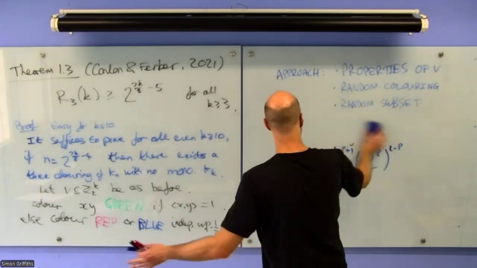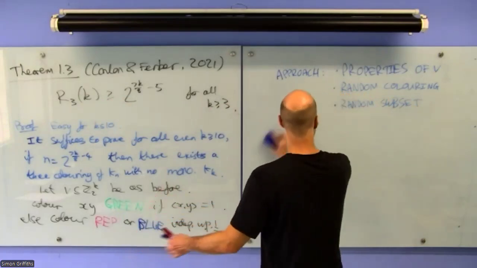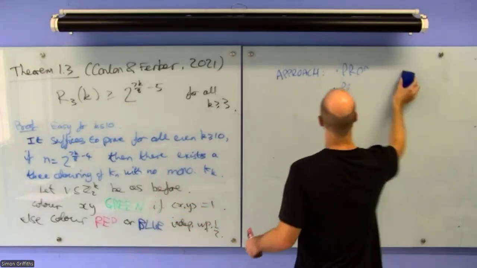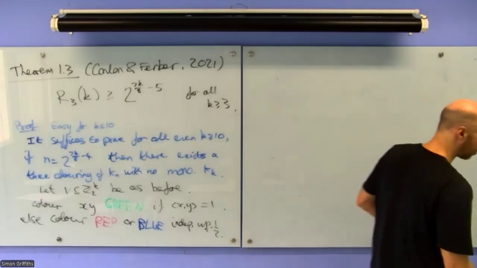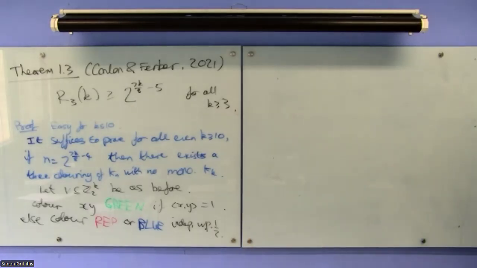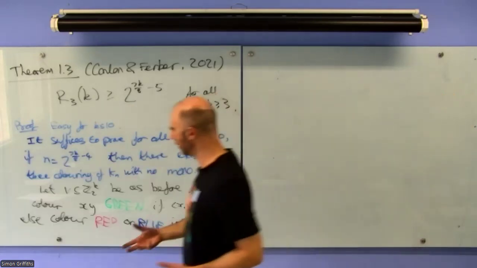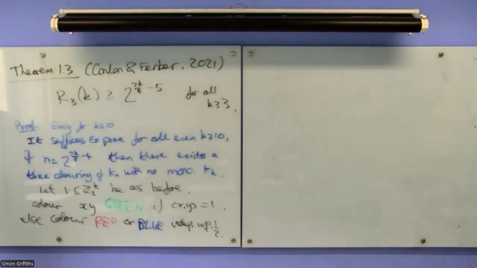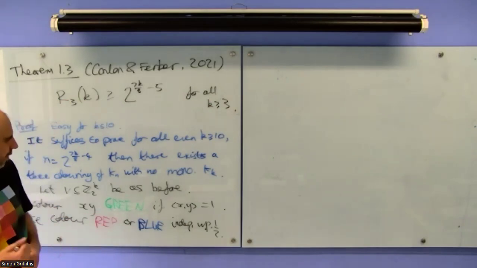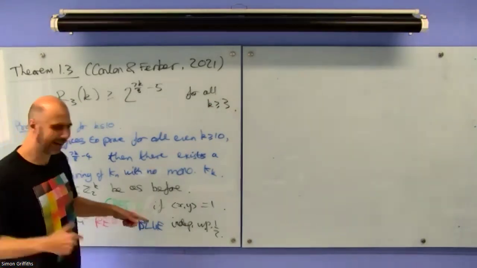So, what can you tell me about the green subgraph? If I take any subset of V with k vertices, what would happen if I had a green clique?